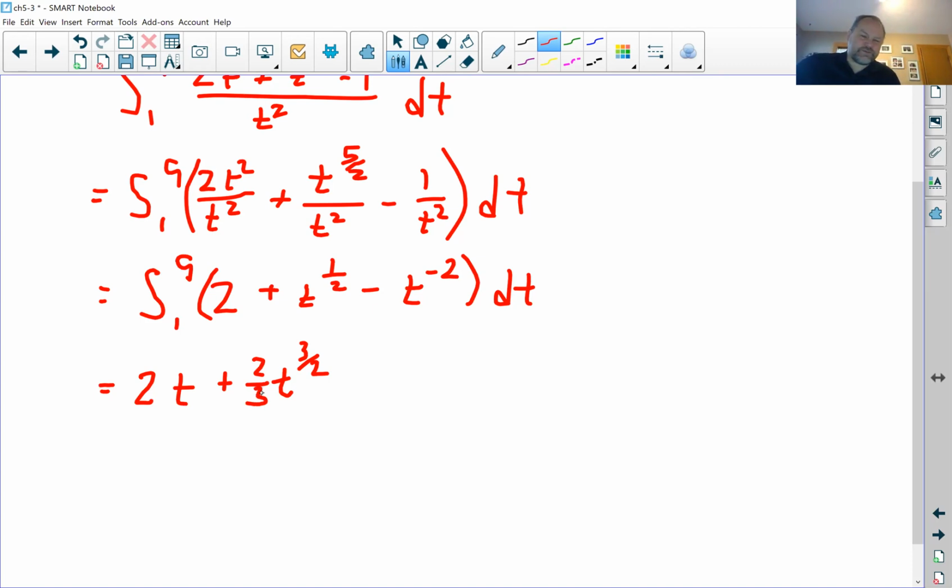So a lot of times we'll just talk about multiplying by the reciprocal if it's a fraction. Add 1 to my power here, I get t to the negative first. Dividing by -1 just changes the sign. Evaluate that from 1 to 9.